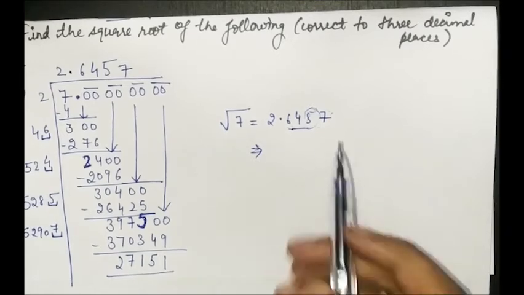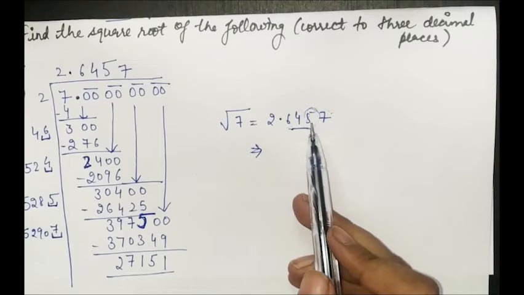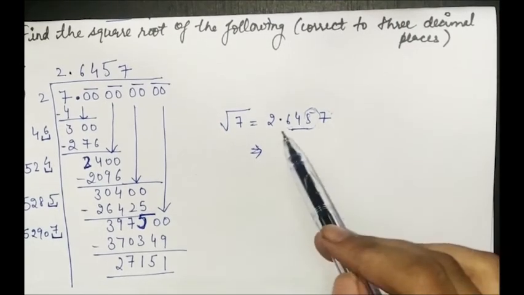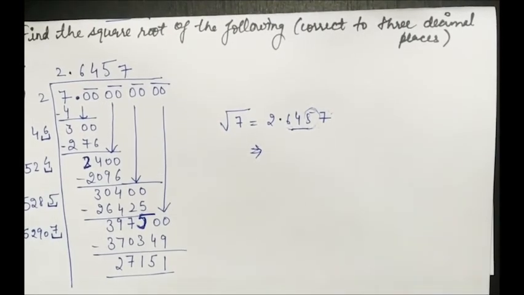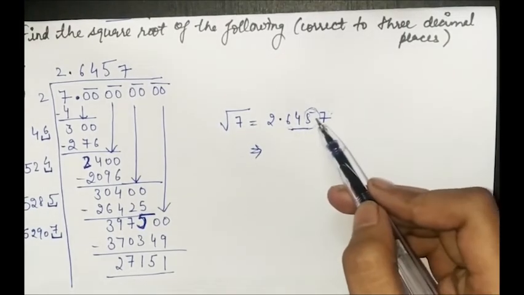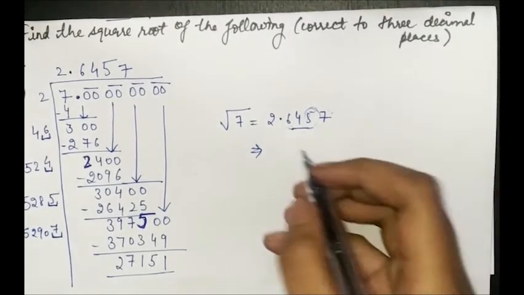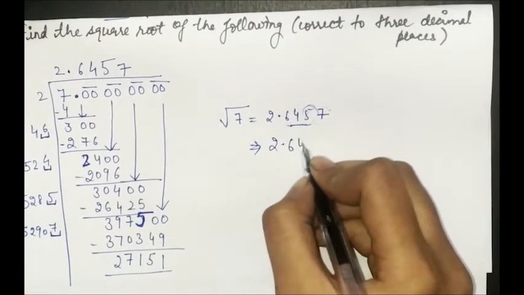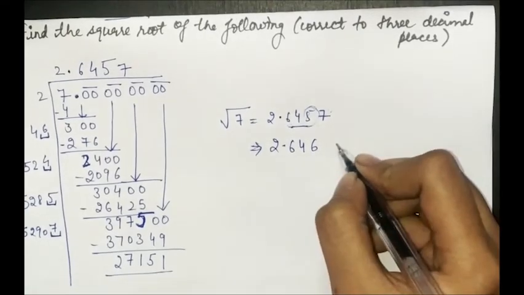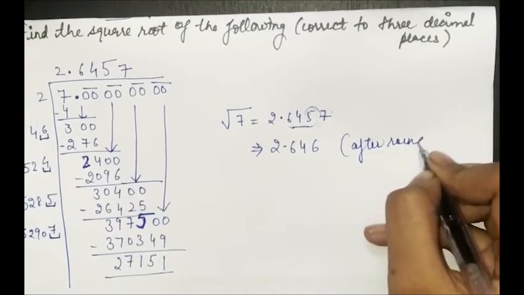And if the next number is less than 5, suppose it was 2.6451, then it would remain 2.645. But here the next number turned out to be greater than 5, so this will be rounded off and 1 will be added. So this is the number you can write after rounding off.